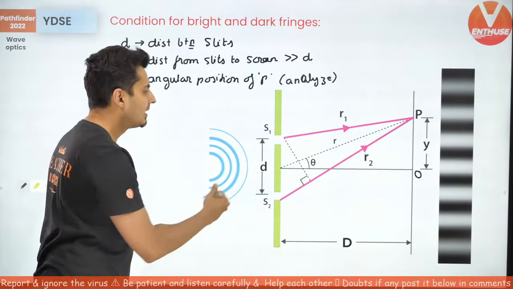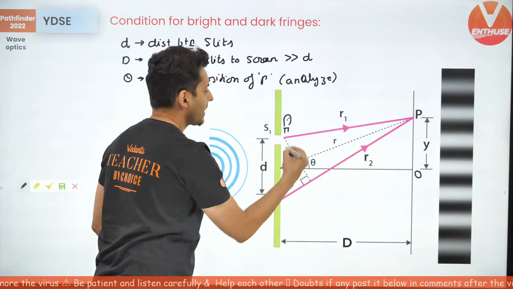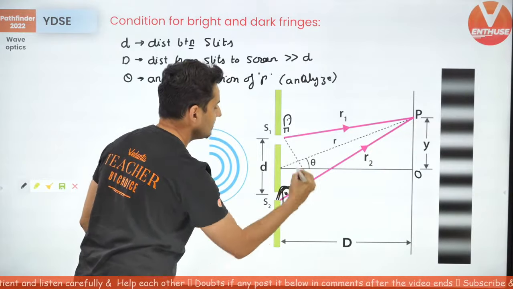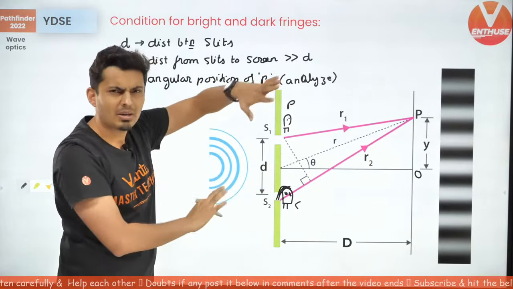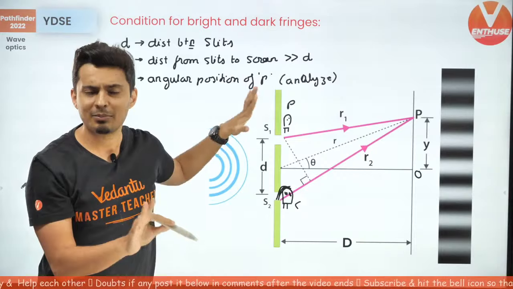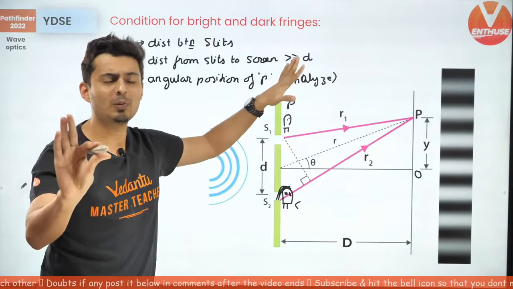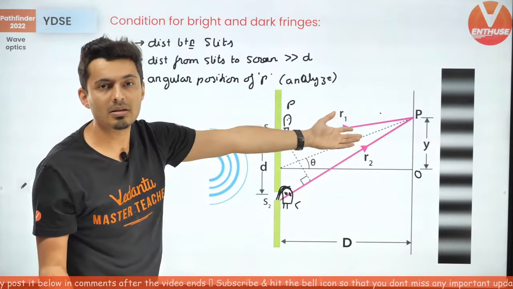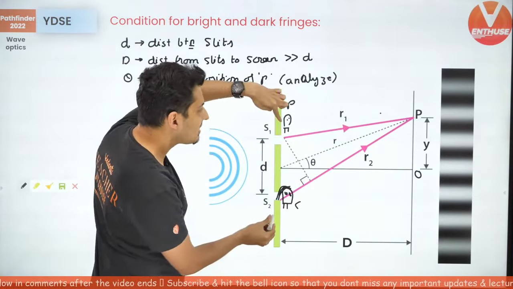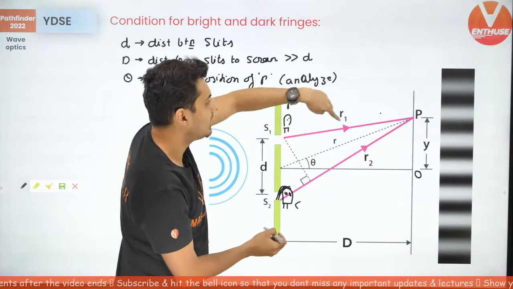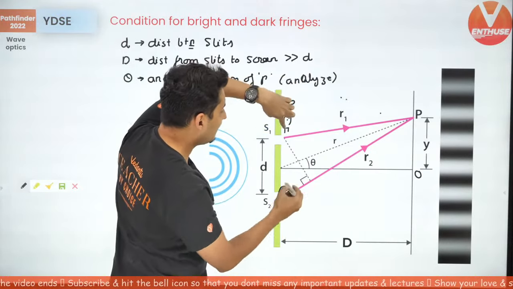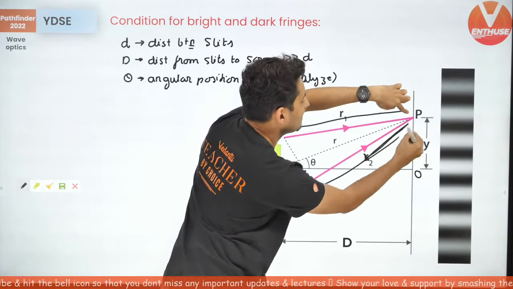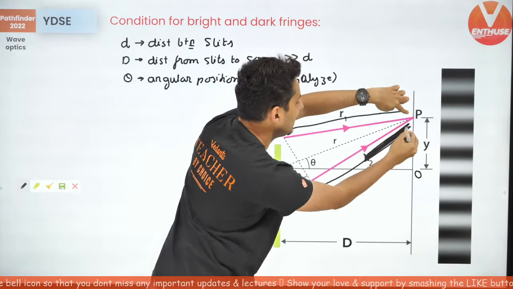Just imagine there is a Pandu over here and a Champa over here, and both travel at the same speed, and both are asked to start from here and reach here. Who will reach first? Obviously Pandu, because Pandu has to travel a lesser distance. By the time Pandu reaches here, Champa will be here. So do you see this is the path difference?